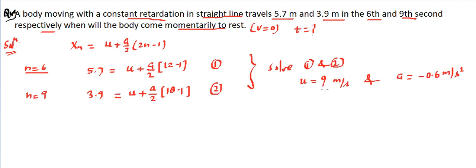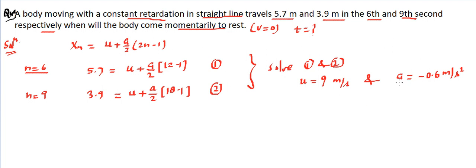Well, check whether you are getting u as 9 meter per second and a as minus 0.6 meter per second square. So you can verify this calculation. Anyway, then we need to go to our question: when is it going to be momentarily at rest. Since it's moving with a constant retardation, we can apply the equation directly. Now notice one more point, retardation is a constant, right?